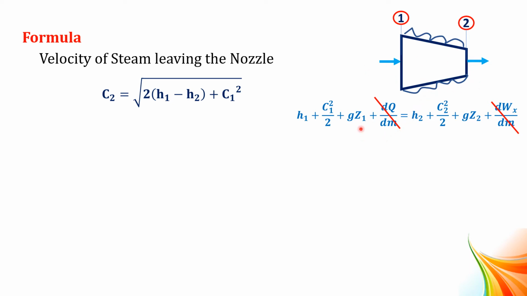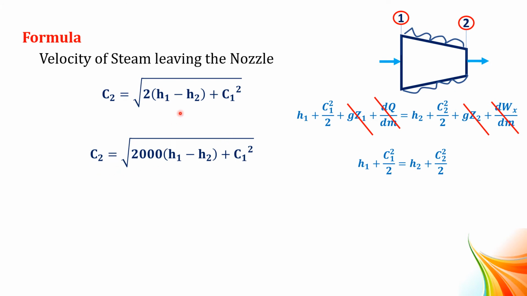Therefore the change in potential energy, gZ1 and gZ2 values, are also equal to 0. So after neglecting all these terms, the equation is reduced to H1 plus C1 square by 2 equal to H2 plus C2 square by 2. From this equation, we have obtained this velocity equation.